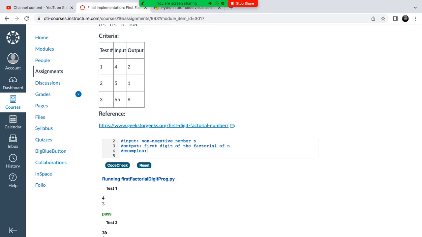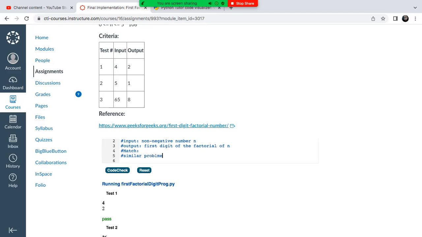I won't write them down, but the next thing we want to see is match, kind of similar problems. Our similar problems are factorial problems. There are lots of those.